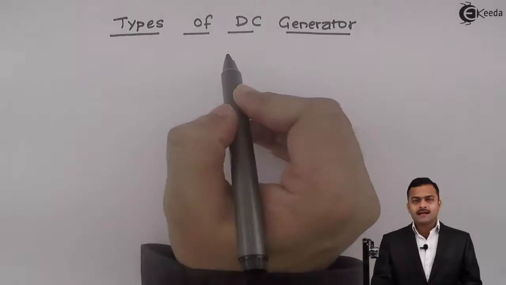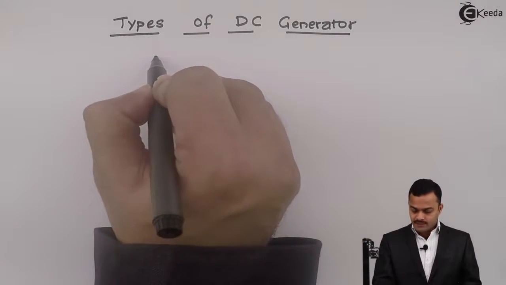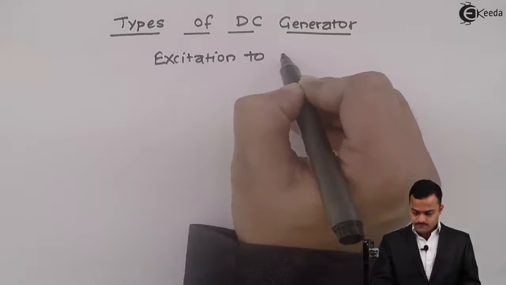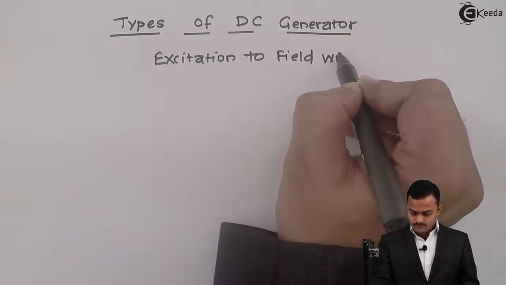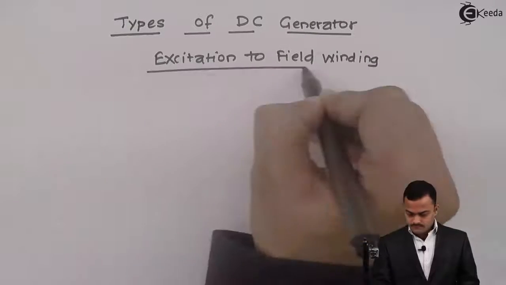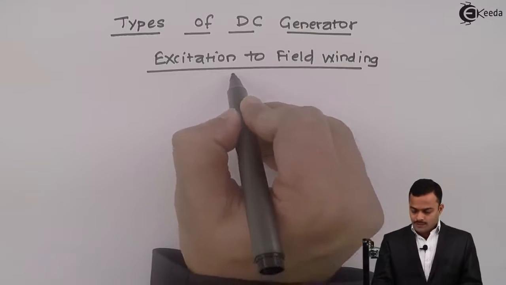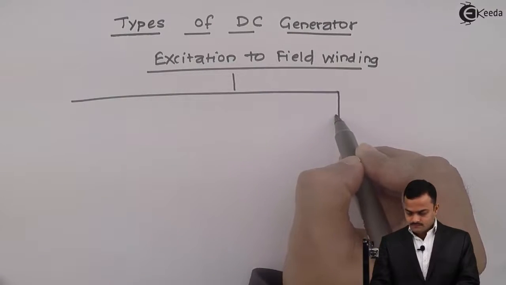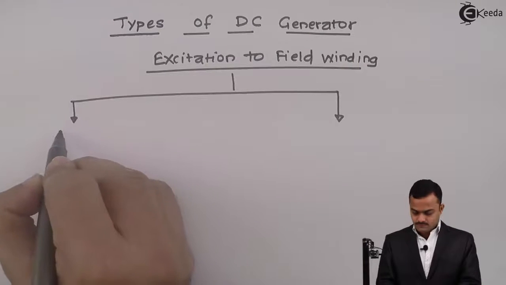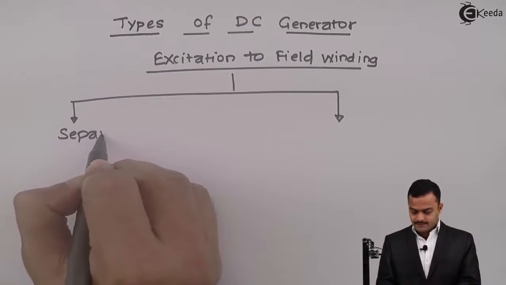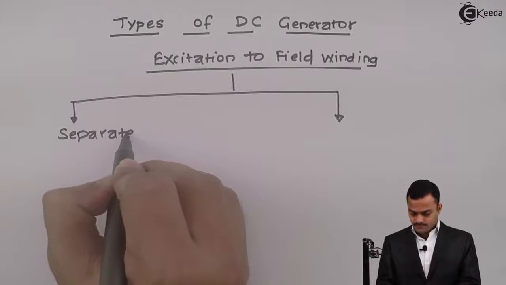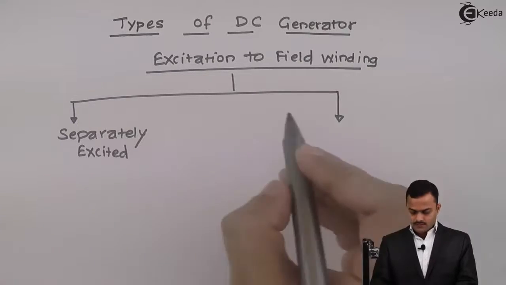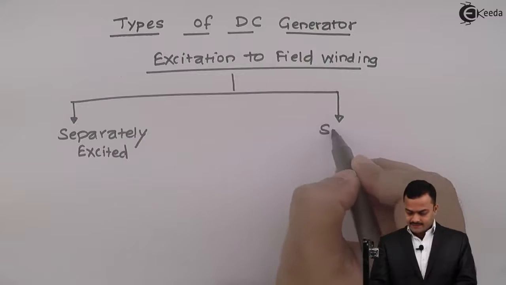Based on the excitation given to the field winding, we have two types of generators: separately excited or self-excited.